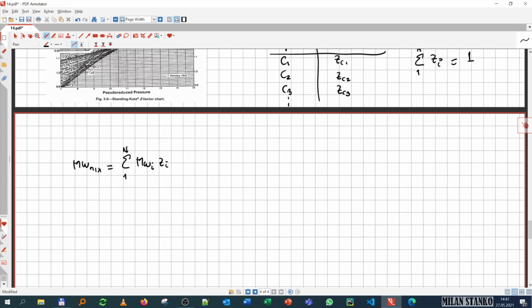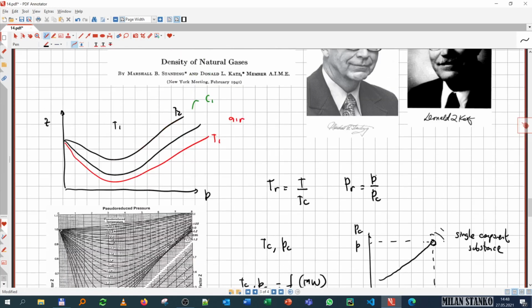So you have to go one by one and then sum them up, and that's going to give you the molecular weight. Then the critical pressure and the critical temperature are usually a function of that molecular weight of the mixture. For that, we're going to use a correlation in this course, the correlation by Sutton, who came up with a way to predict critical properties using the molecular weight. But it's not that important as of now.